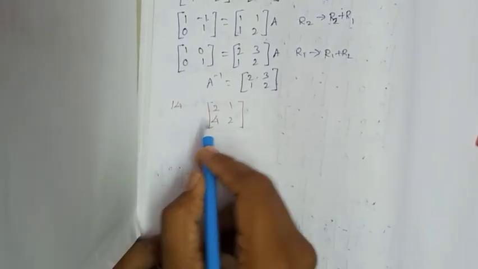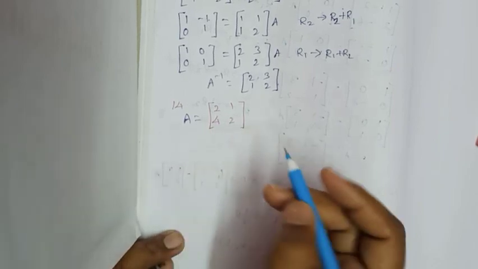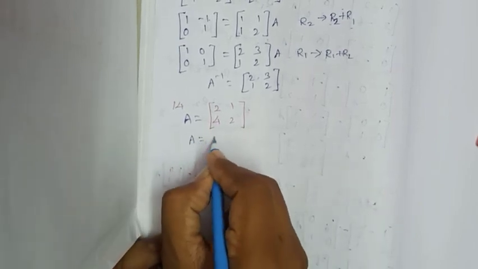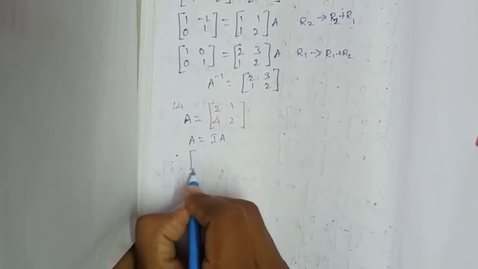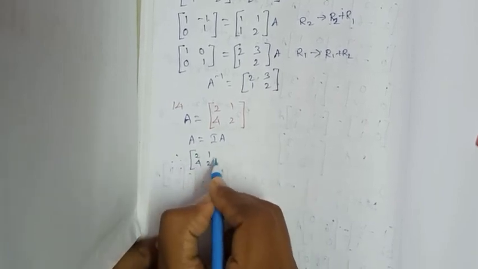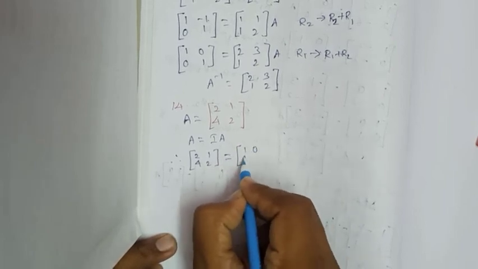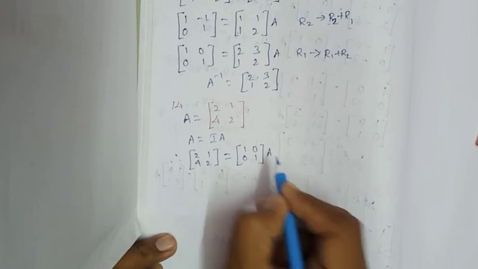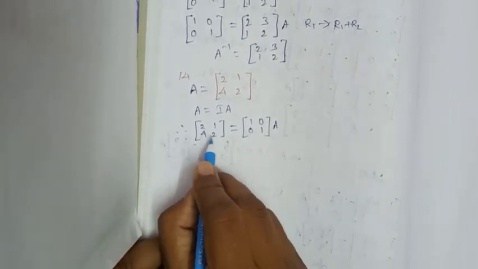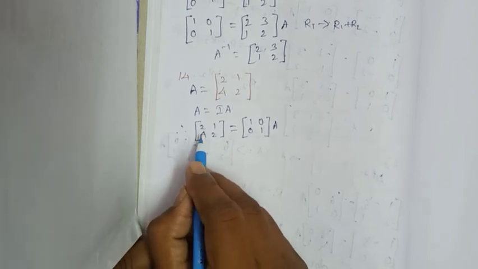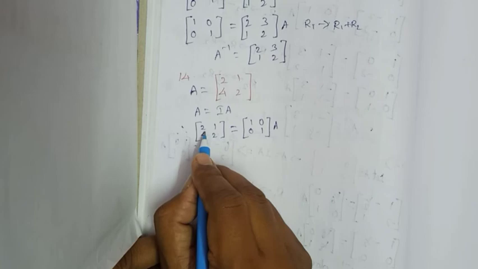So sum number 14. Let's consider the matrix A equal to 2, 1, 4, 2. And we write the form A equal to I into A. So A matrix is 2, 1, 4, 2, which is equal to the identity matrix 1 0, 0 1 into A. We know the procedure is applying a sequence of elementary row operations or column operations. First the entry is converted to 1.